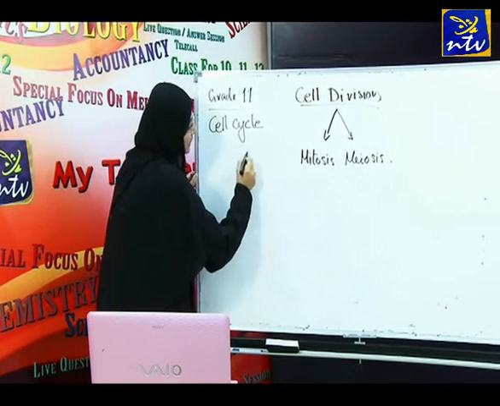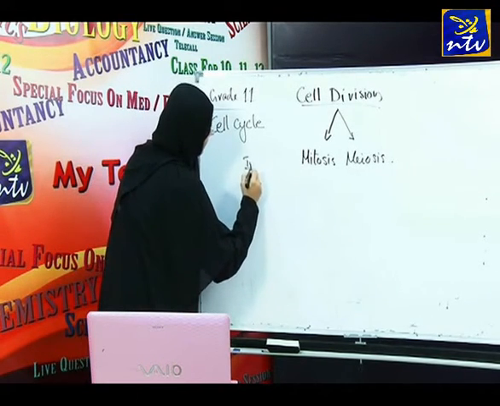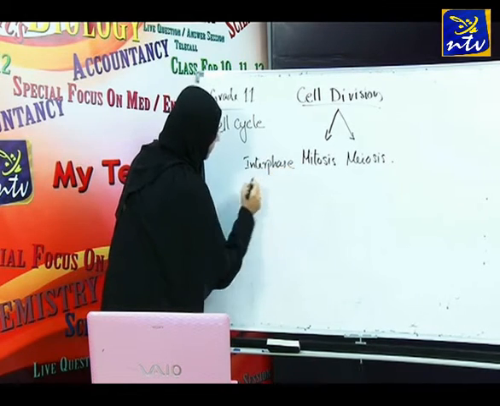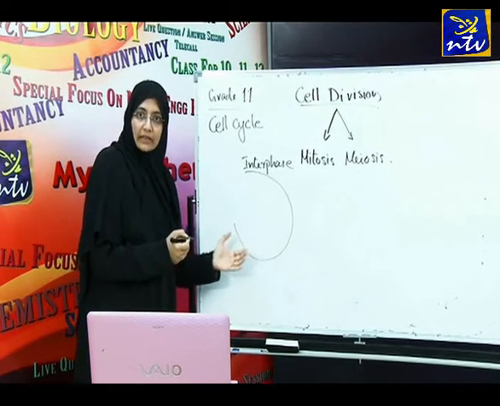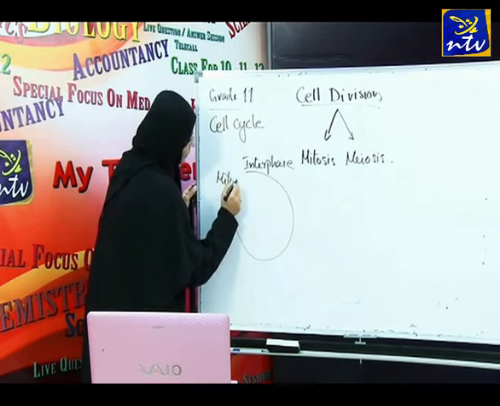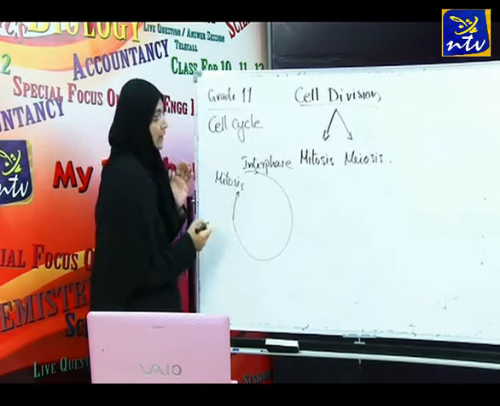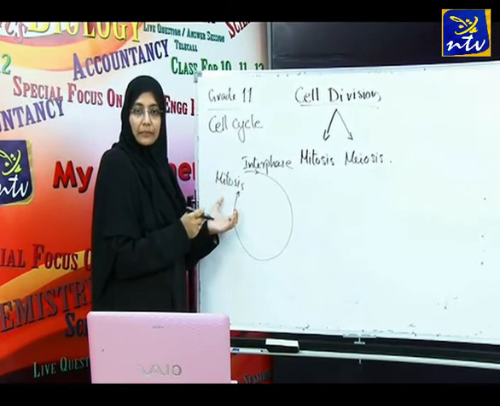These phases of cell cycle, for example, include a phase which is known as interphase. Interphase is a large phase of the cell cycle. Then comes the mitotic stage or mitosis. So, we can see that the cell cycle consists of an interphase and mitotic phase.